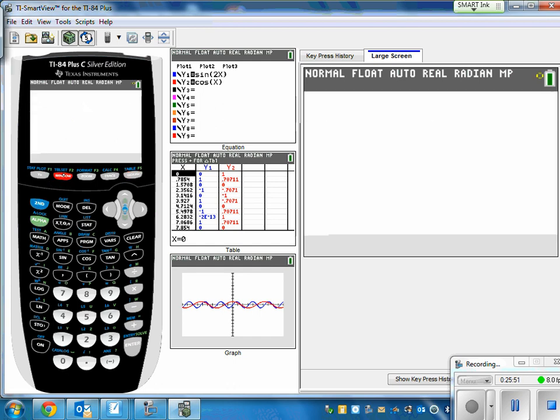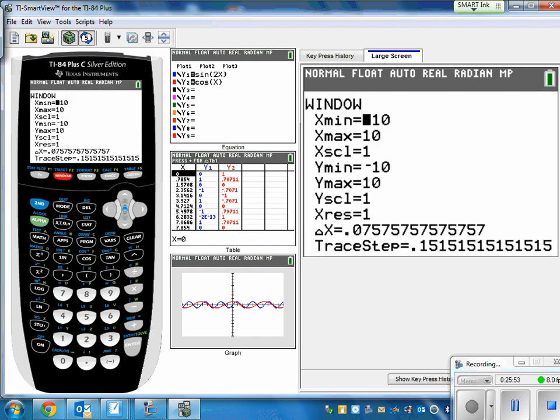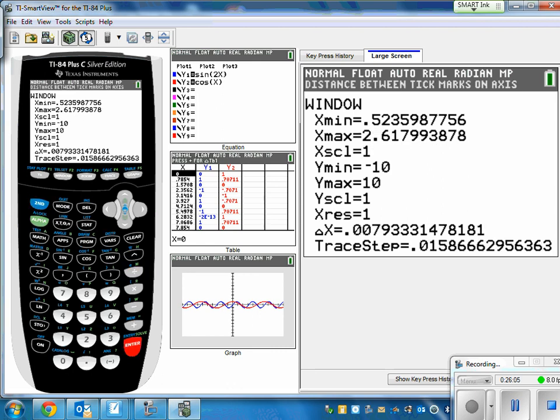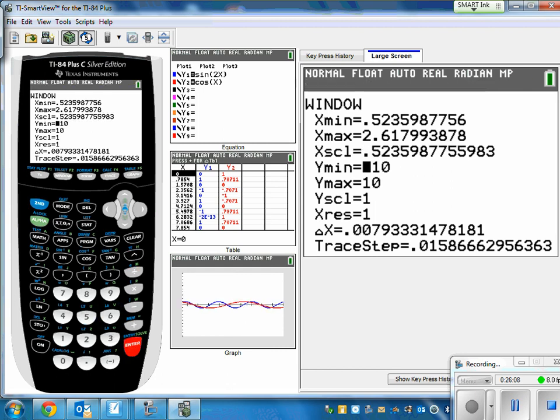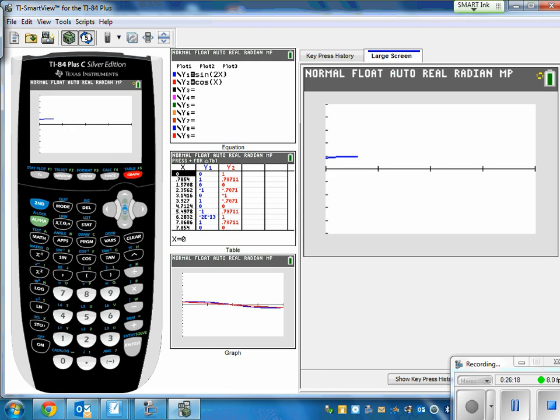So I'm going to change my window from pi/6 to 5pi/6. And if you really want, you can make your scale go by pi/6. That'd be nice, right? Do we really need our graph to go from negative 10 to 10? We don't. You can make it negative 1 to 1 if you want, but I like going more than that. I'm going to go negative 5 to 5. You have to know how to change your window to make your graph fit what you need.